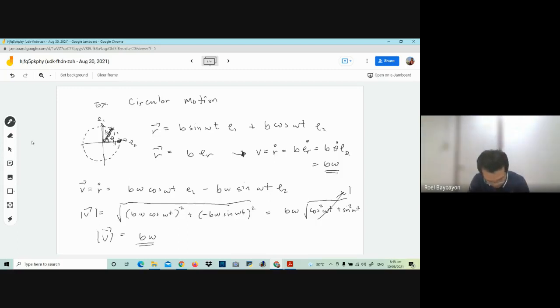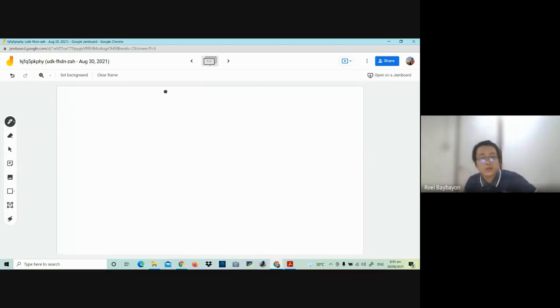How about the acceleration? Acceleration is just equal to the derivative of velocity.